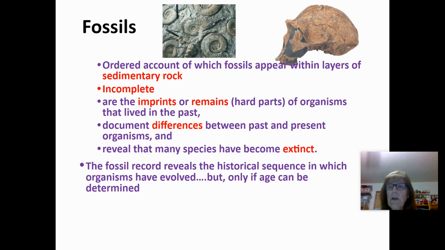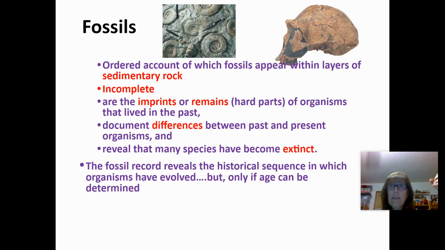So either their body was preserved in ice, or buried under volcanic ash, or there was some other event that froze their body in rock, or created an imprint of that body that was preserved in rock.